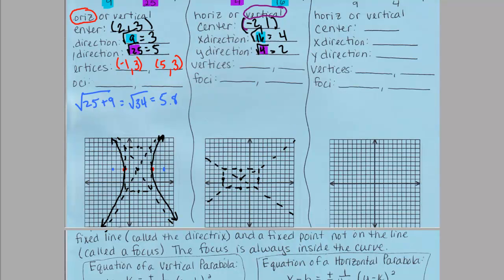And our vertices, since this is a vertical, our vertices will be the vertical points. So this one is at -2, 3, and the other one is at -2, -1. So it's just where these dots are.